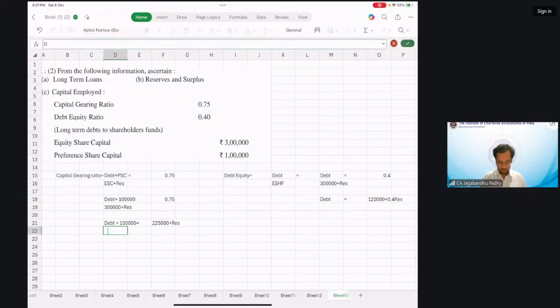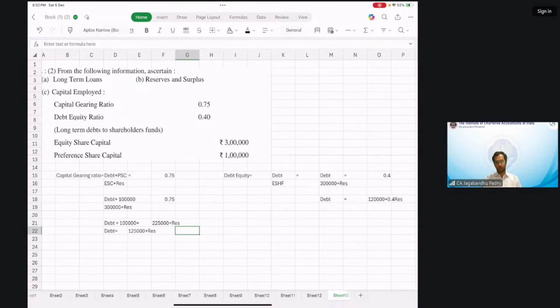Okay, so we can definitely say that debt is equal to 1 lakh coming on this side, so that's getting subtracted. So 1,25,000 plus reserves. And here we have debt is equal to 1,20,000 plus 0.4 reserves, right?